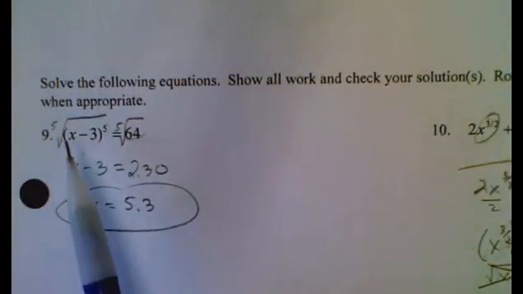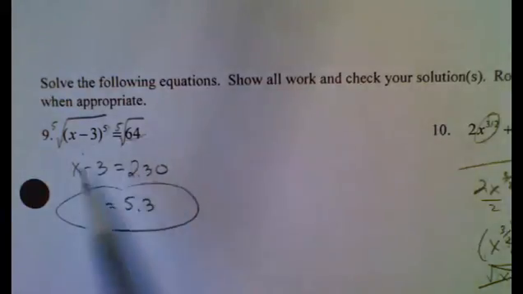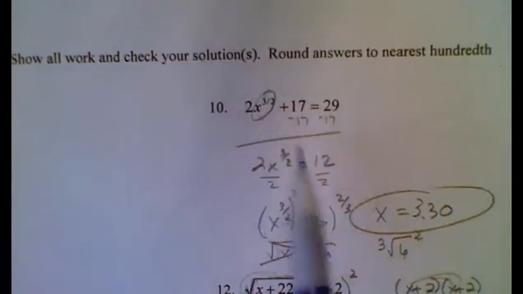If you have a root, or if you have a power, then you have to take the root to solve it. So with this one, to undo something raised to the 5th, we had to take the 5th root of that. And again, if it comes out to something where you have something like x to the 3/2, the easiest way to solve that one is raise it to the reciprocal power. So really, those are the only things you have to worry about when you're solving, and you need to make sure you round to the nearest hundredth.